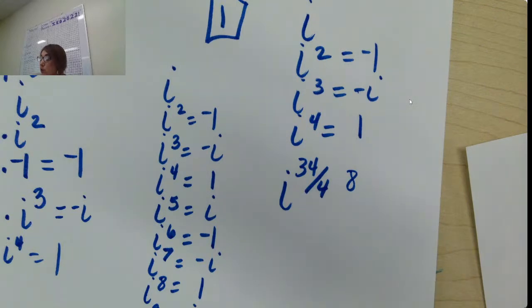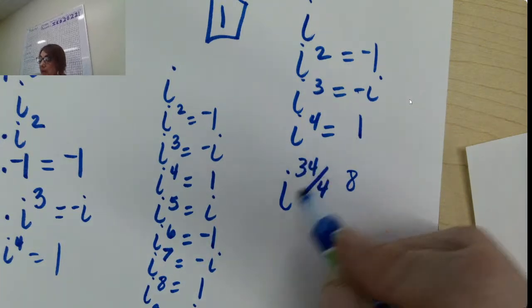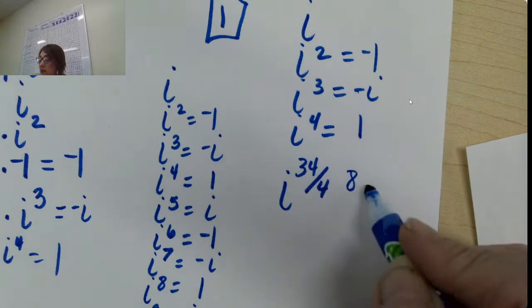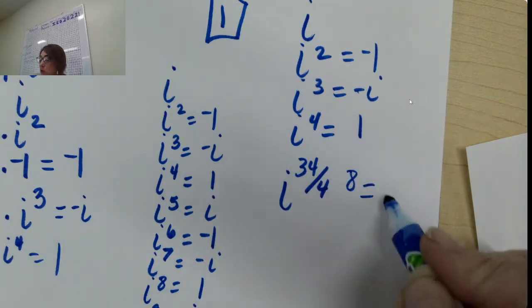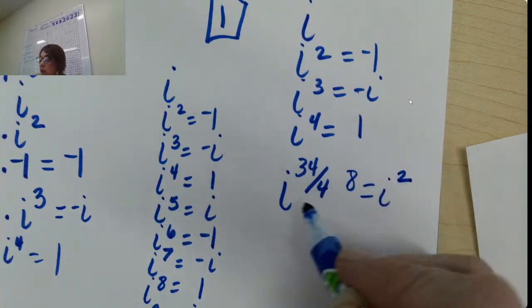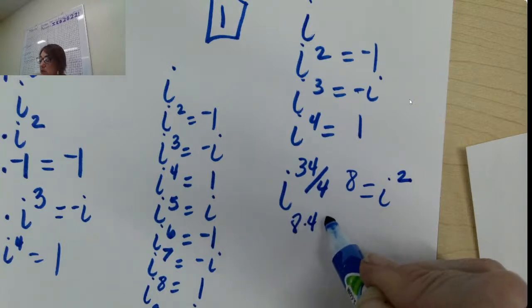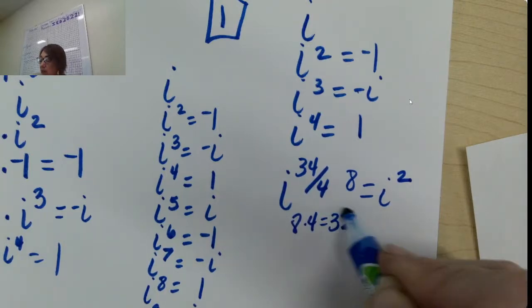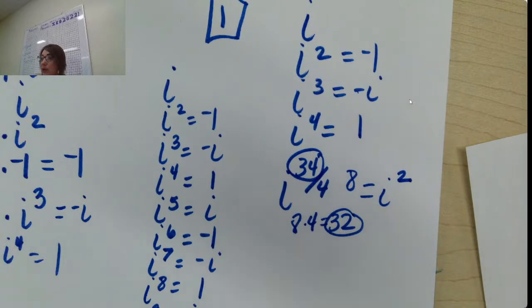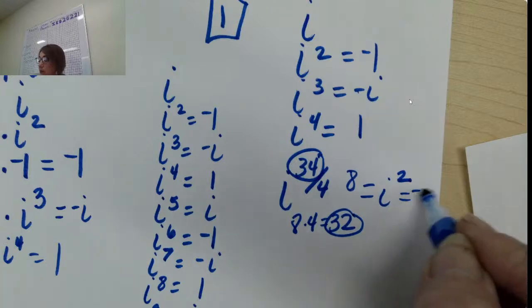And we have 2 left over. So I to the 34 is equivalent to I squared, because 8 times 4 is 32, and if we take 32 out of 34, we have 2 left over. And what do we know I squared is? -1.